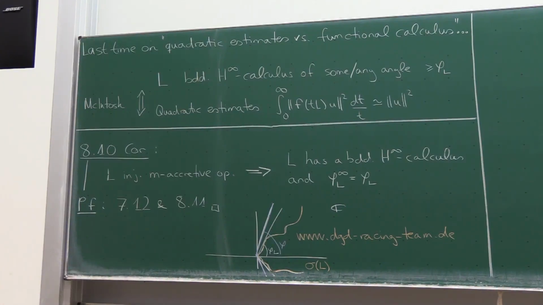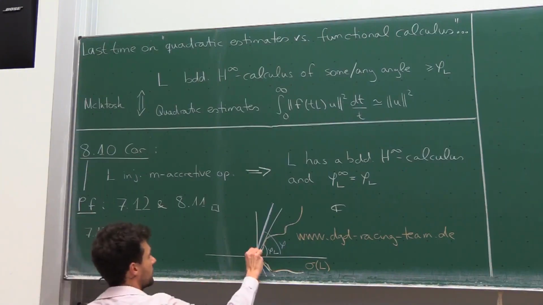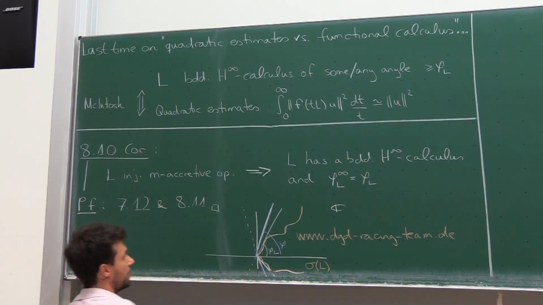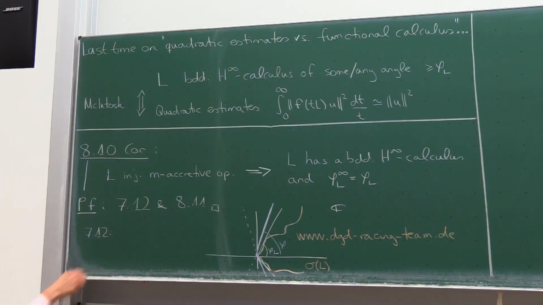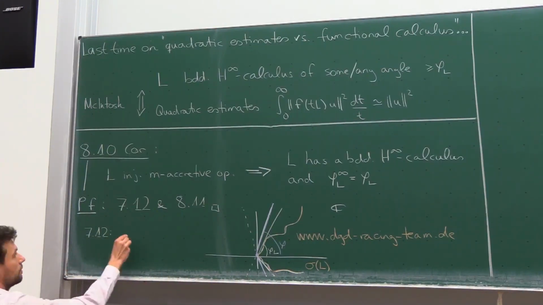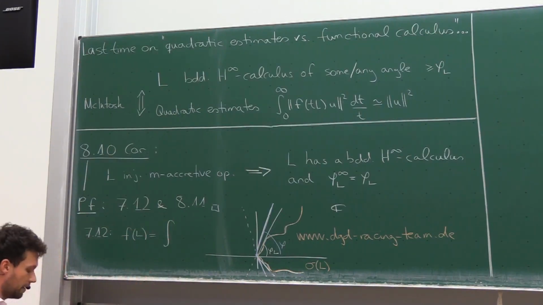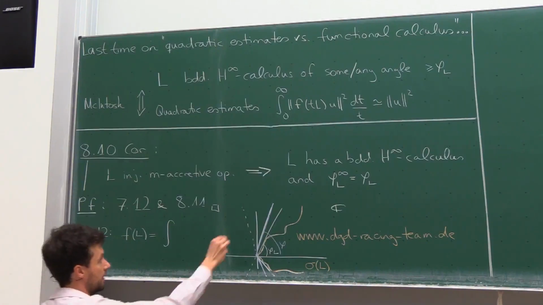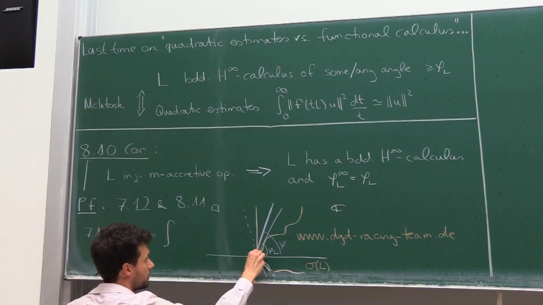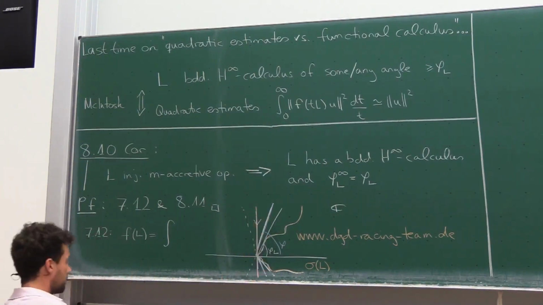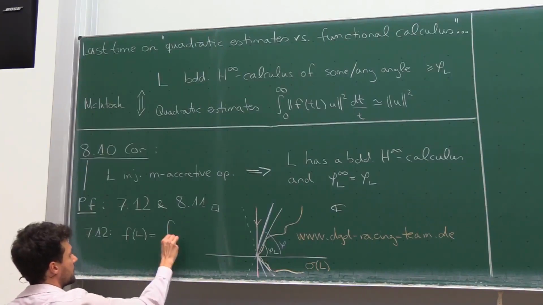Okay, and so in the first step, in 7.12, you actually take holomorphic functions that are defined on much larger sectors, namely sectors that open up with an angle larger than pi over 2, because the crucial thing to get anything that looks like H-infinity calculus was to say that f of L, by this magic formula using symmetry on the imaginary axis, could be computed by integrating something along the imaginary axis.